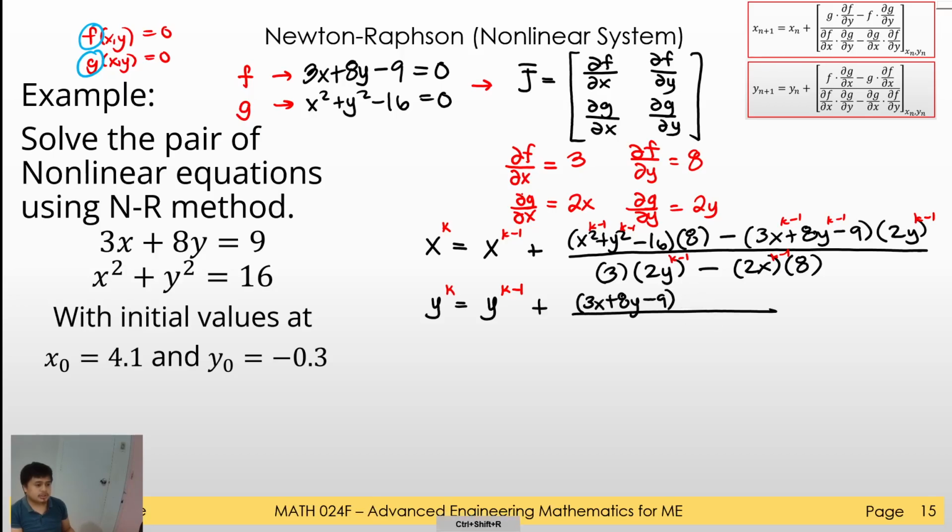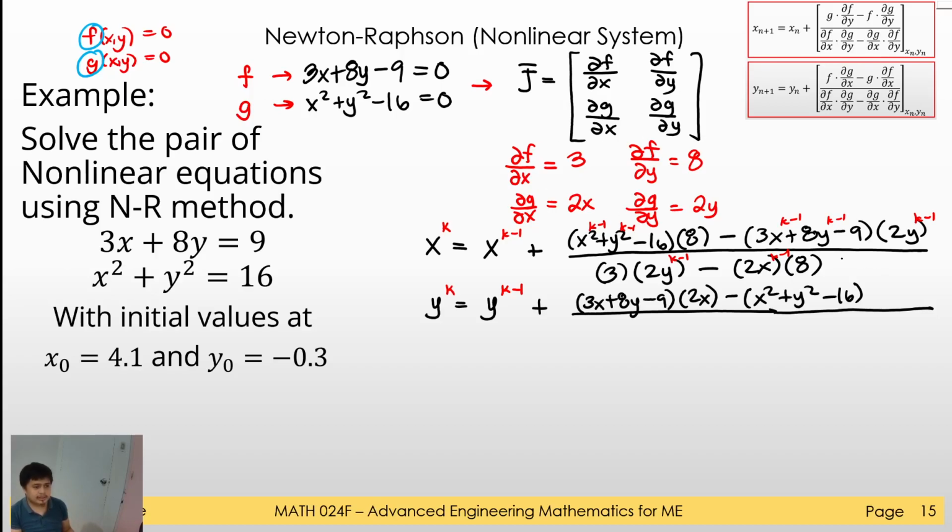And then del g over del x, we have 2x here. Then minus g, where g is x squared plus y squared minus 16. And then what's next? Del f over del x.